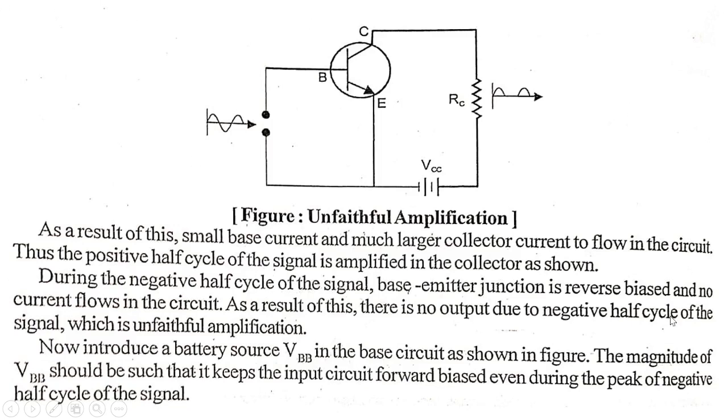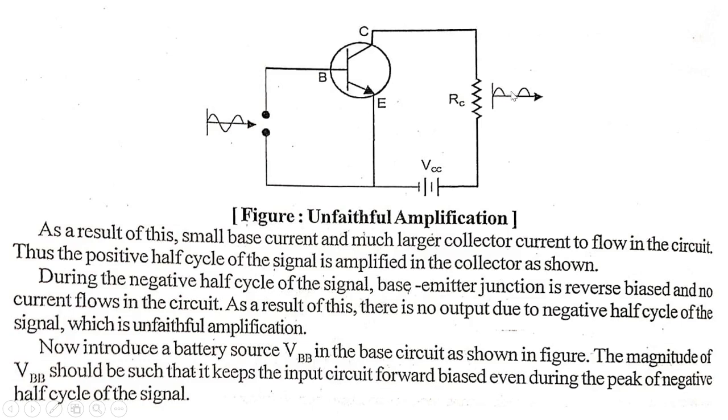As a result, a small base current and a much larger collector current flow in the circuit. Thus the positive half cycle of the signal is amplified in the collector as shown in the figure.